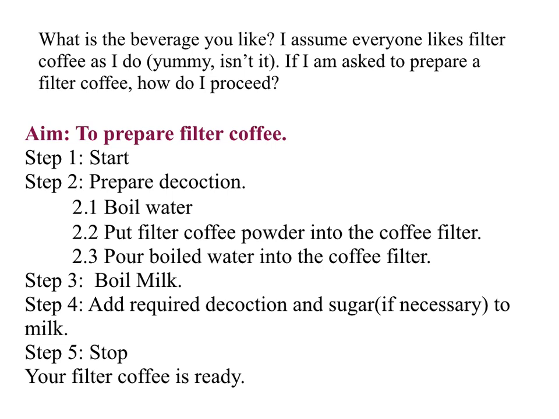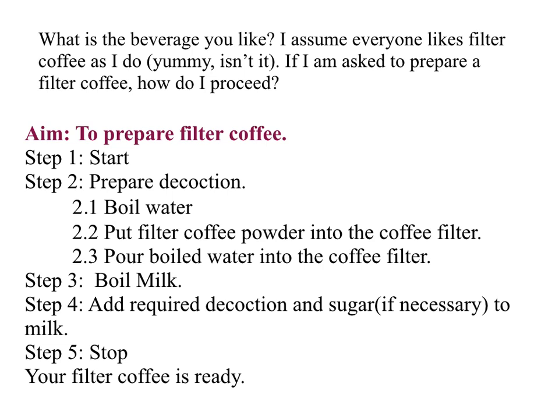Now, that is the usual way of preparing a filter coffee. Can I interchange steps 3 and 2? That is, boiling milk first, then preparing the decoction next. Yes, I can also get a coffee with this, but what is the problem here? Now I am boiling the milk.